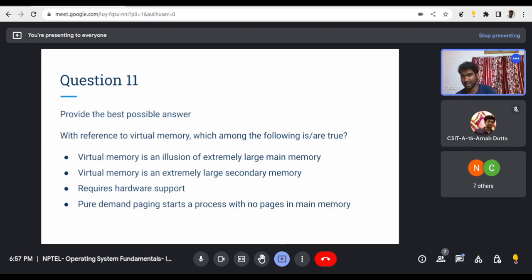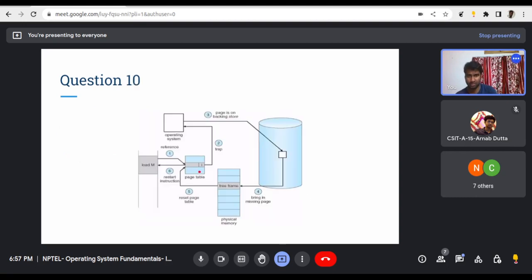And yes, it requires hardware support obviously, because you need to trap those instructions. The operating system needs to trap those instructions. If there is a page fault, the OS needs to understand that the page may be present in the secondary memory, and the page table needs to be updated.